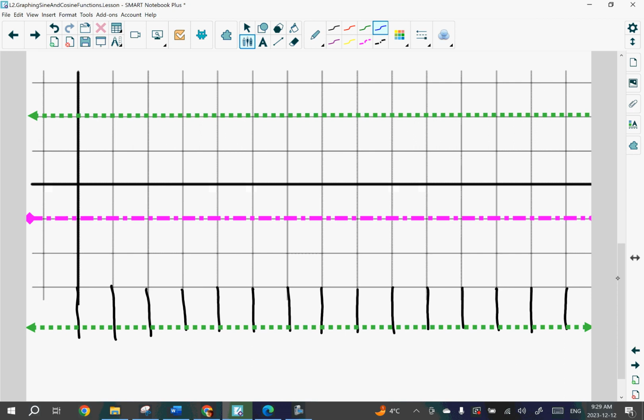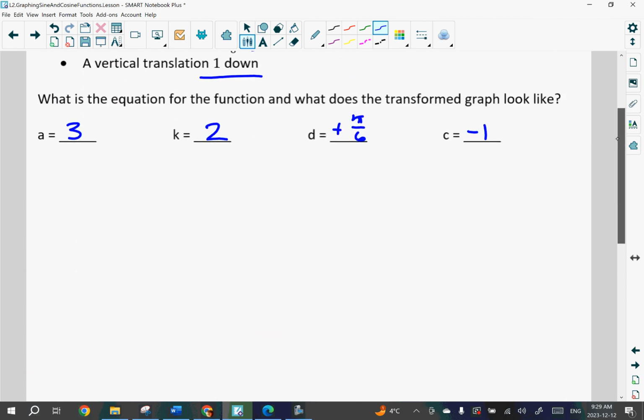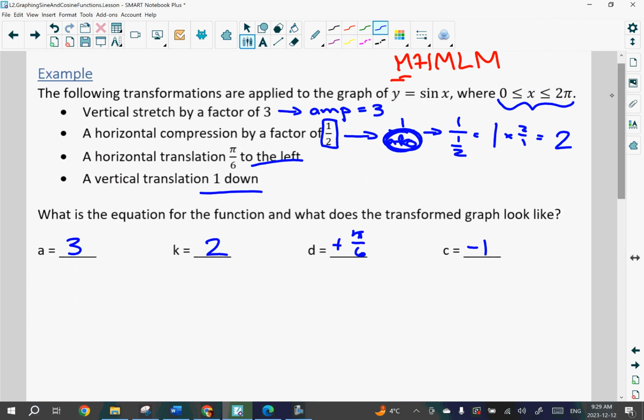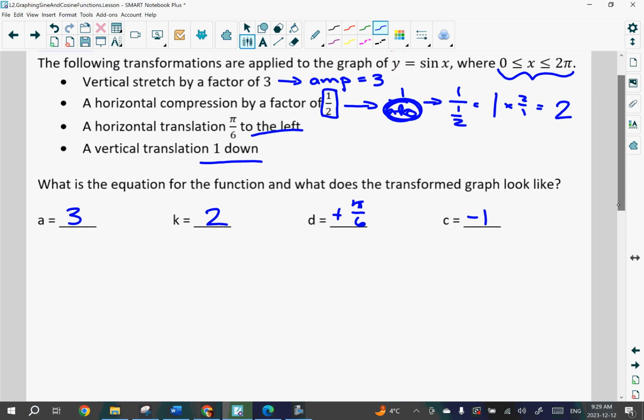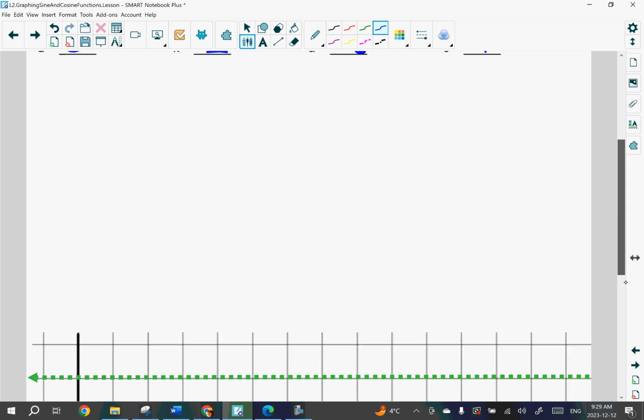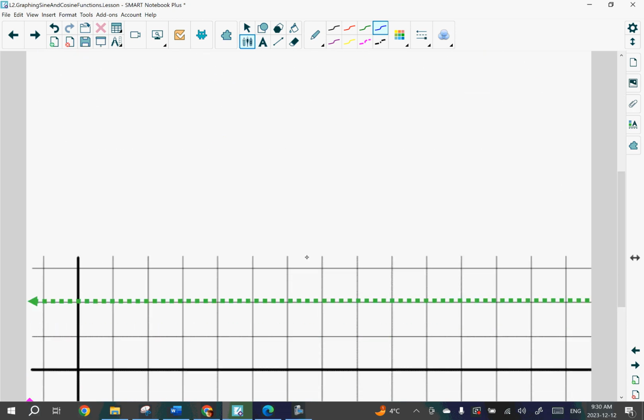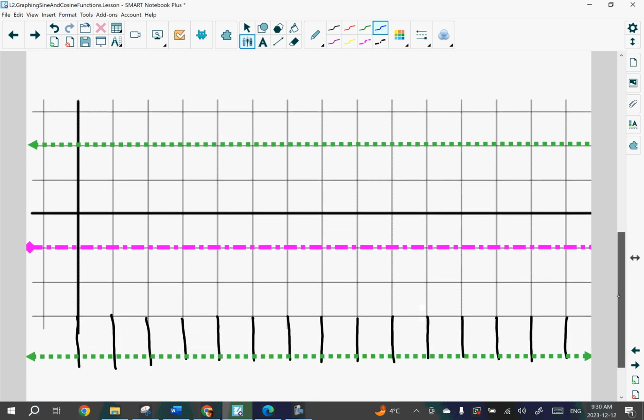Okay. Now we have to figure out how to make our x-axis. Our x-axis has a translation factor of pi over 6. So if we could make every one of these little boxes represent pi over 6, that would be the best way to graph this.